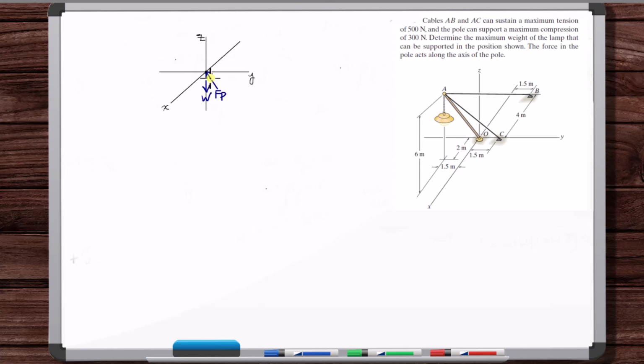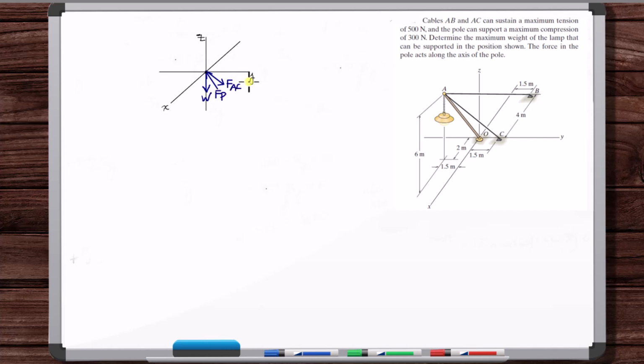Okay, so then FAC is acting in this direction, and cables can only support tension, so we know it has to be pulling like that. It's pulling the point A in this direction. Cable AC can support a maximum tension of 500 newtons, but we're still just going to put this as a variable, and again, you'll see why later in the problem.